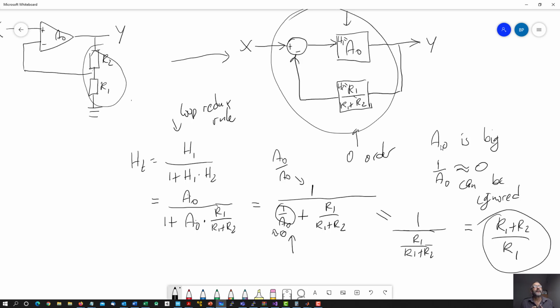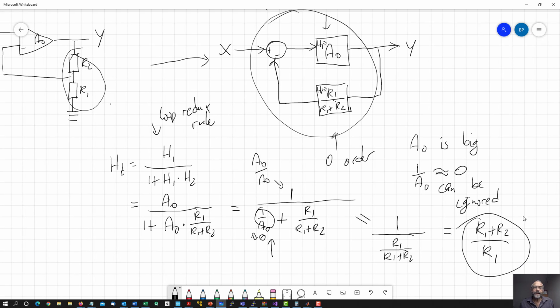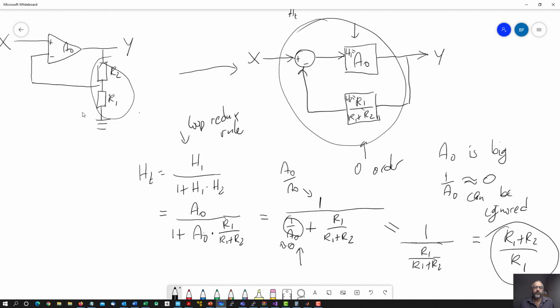You don't know exactly how much it amplifies, but you know it's a big value. So then you can ignore certain parts in your formula, and your end result is simplified to, in this case, R1 plus R2 divided by R1. So this is the total transfer function of this system with the op-amp and the voltage divider.